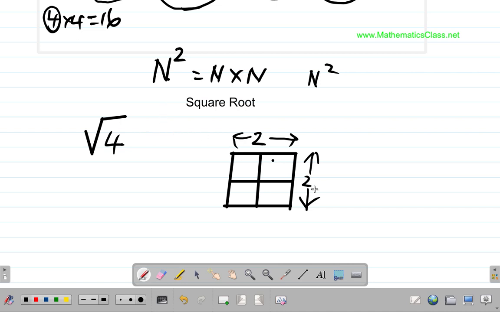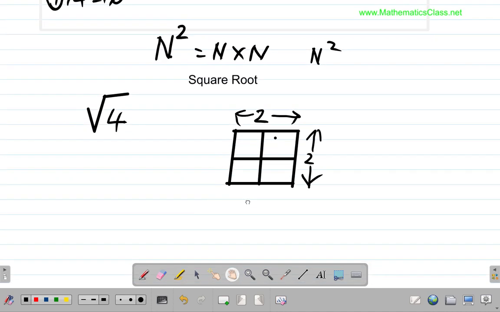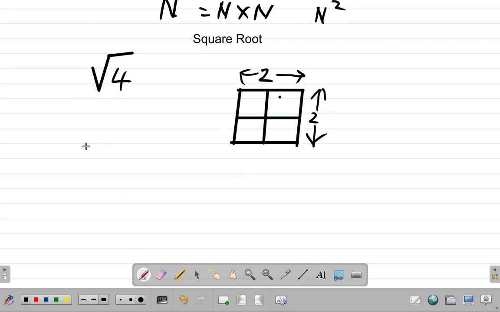Now, if we look at it another way, the square root of 4 is a certain number. The same number, it can't be two different numbers. You multiply them. Which number works? 1 by 1 will not give you 4. That can't work. 2 multiplied by 2 gives 4.